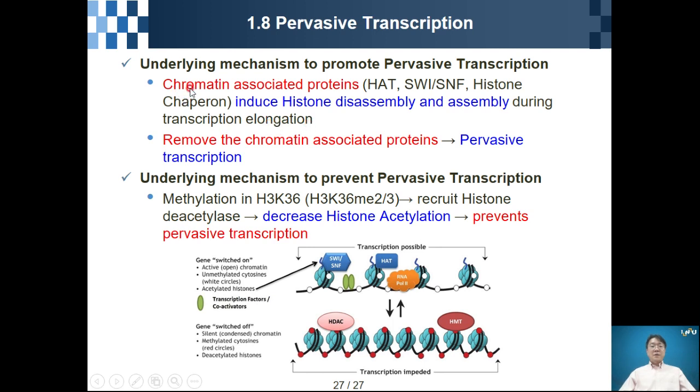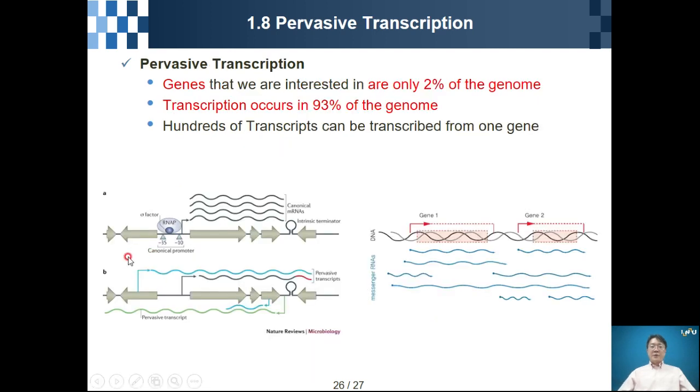If we remove these proteins, it sometimes induces pervasive transcription. So when HAT or SWI/SNF and histone chaperones are removed, pervasive transcription happens. We will observe the pervasive transcription.